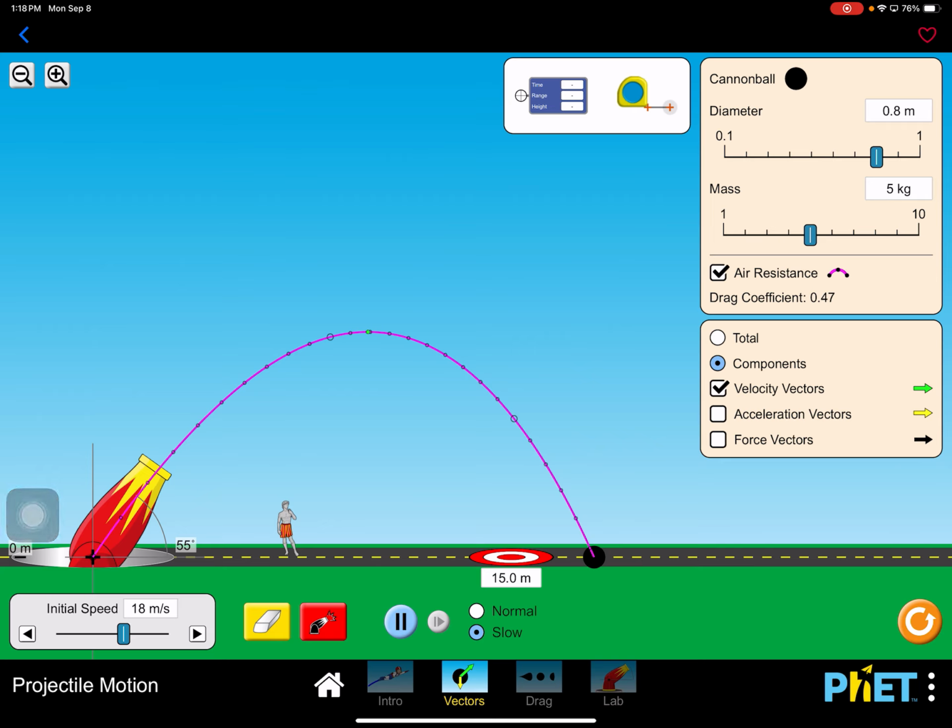The horizontal component of the velocity is the x component of the velocity. The vertical component is the y component. Initially the y component of the velocity was like that, but the acceleration is pointing downward, so it's changing in the downward direction.